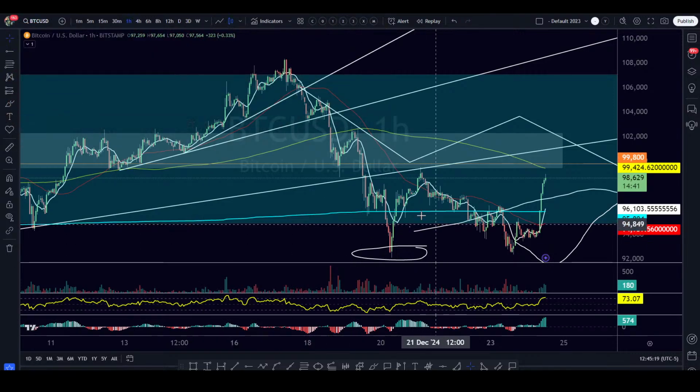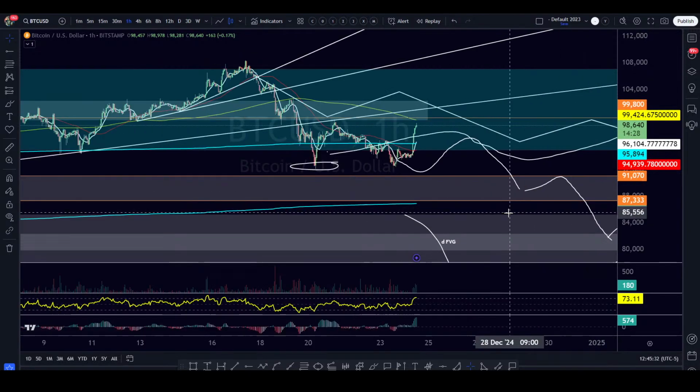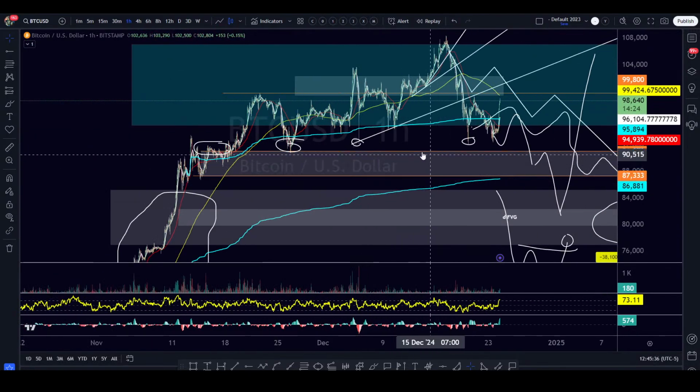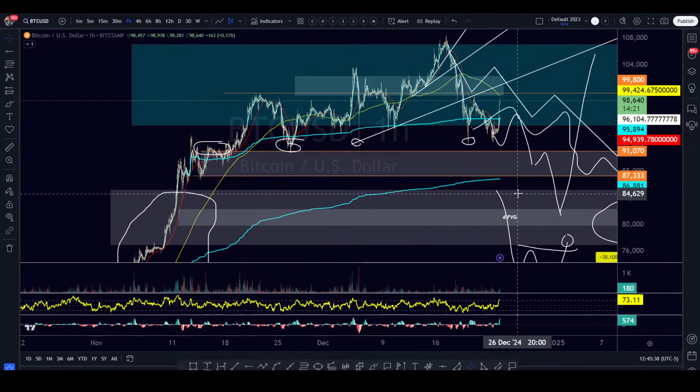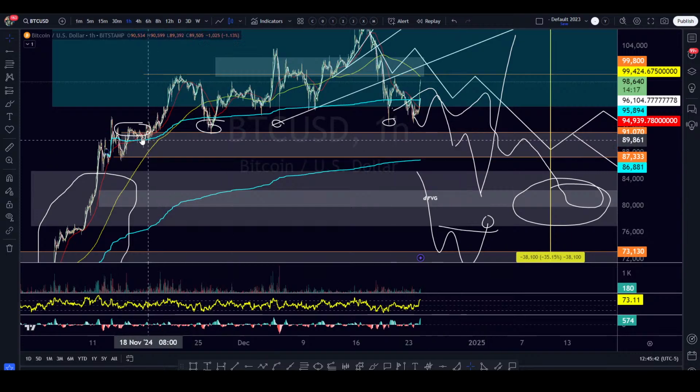Love you guys. And then it kept on coming down, breaking this level. Now, when it was here, and I've been mentioning this for a few days now, I do think that if we go into this level, we could potentially break down, because it's a very weak support resistance level.